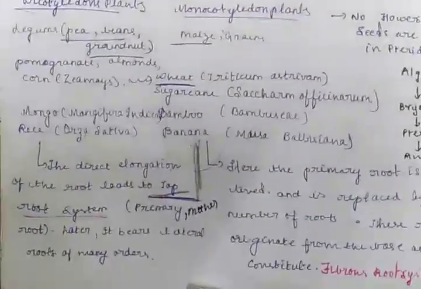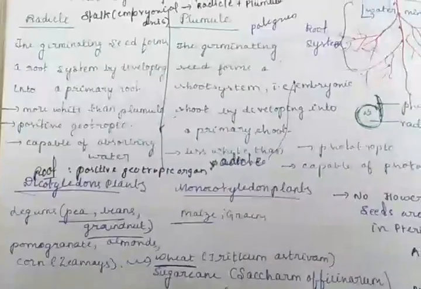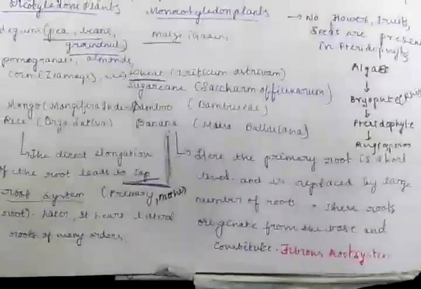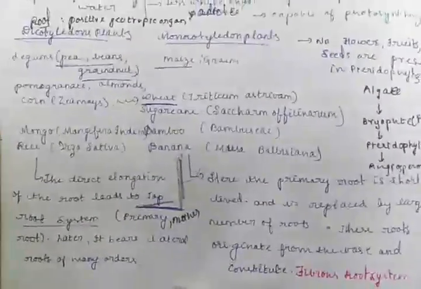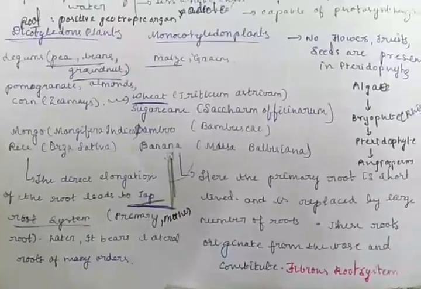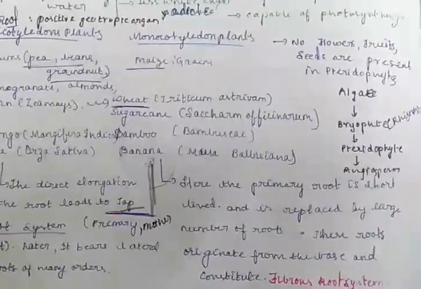In these two types of root system, taproot system and fibrous root system, both grow only from the radicle. Why am I saying this point? Because it is necessary to remember, friends, that there is another type of root system where the roots do not arise from the radicle but from other parts of the plant.